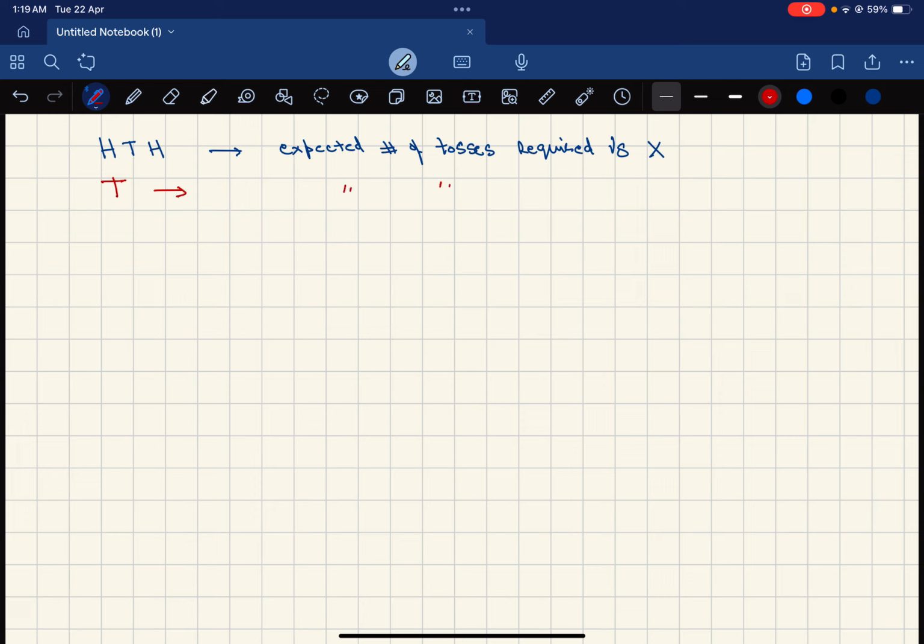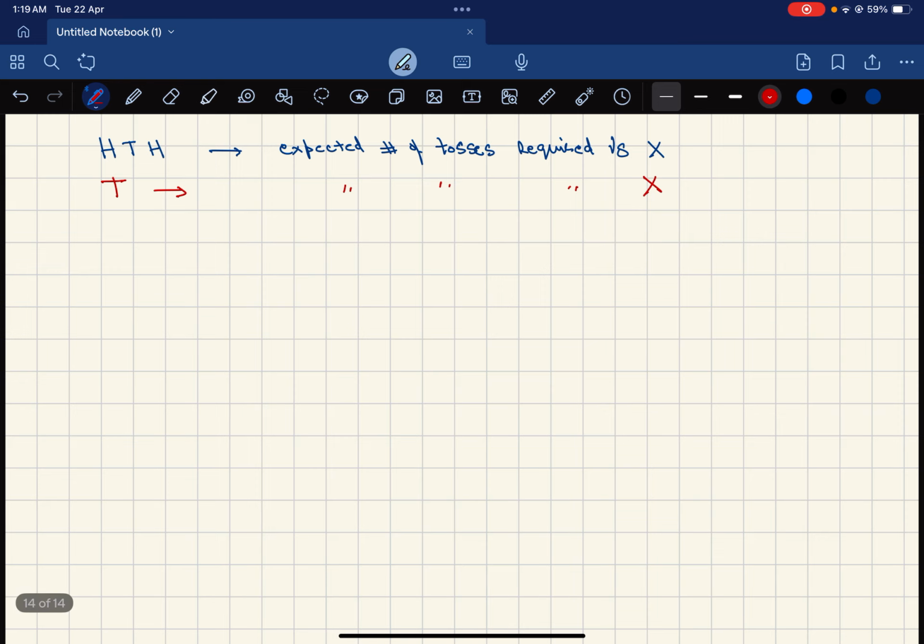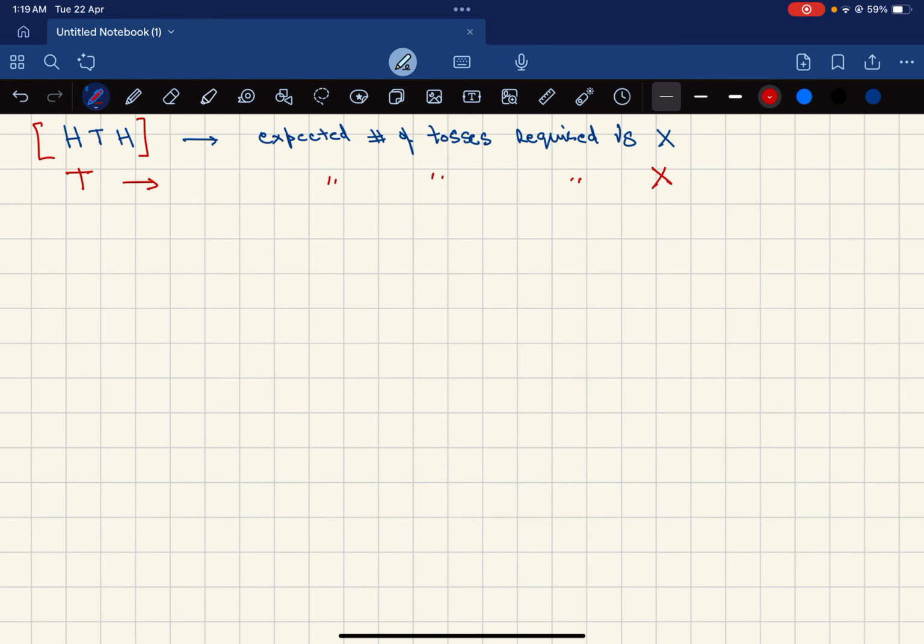The expected number of tosses required would still be equal to X. This is because we still need the first toss as H to start this particular pattern. So we cannot really start it with T, and therefore we still need X more trials to get to this particular pattern which we had earlier decided.